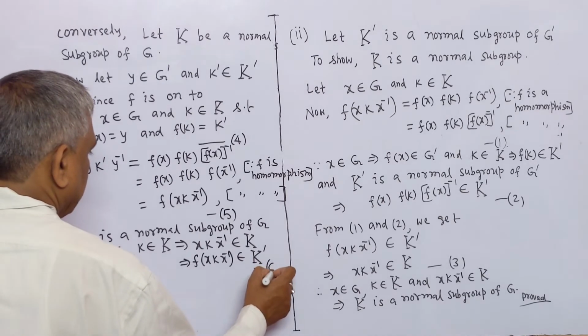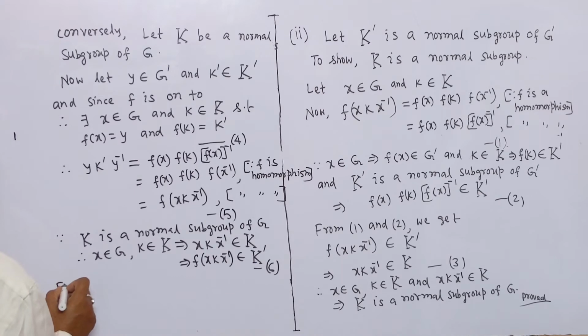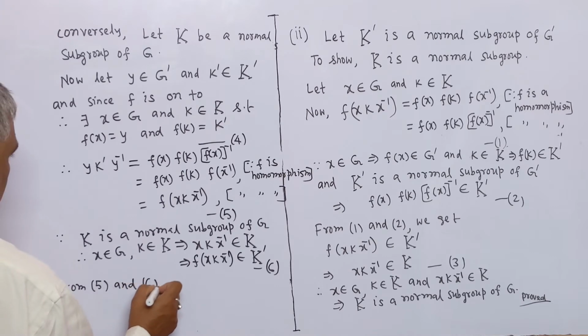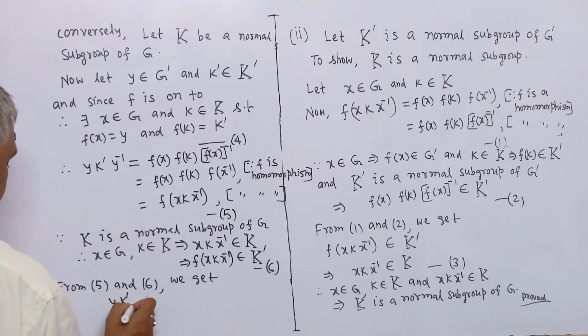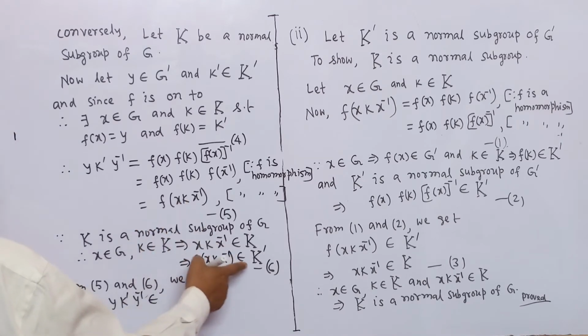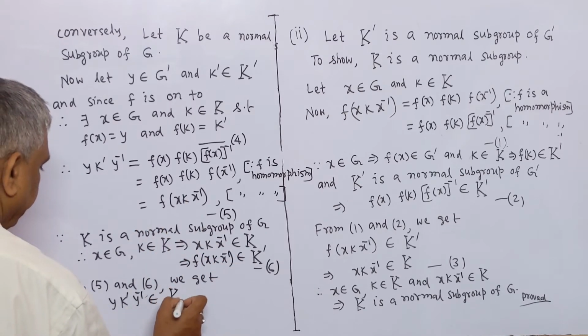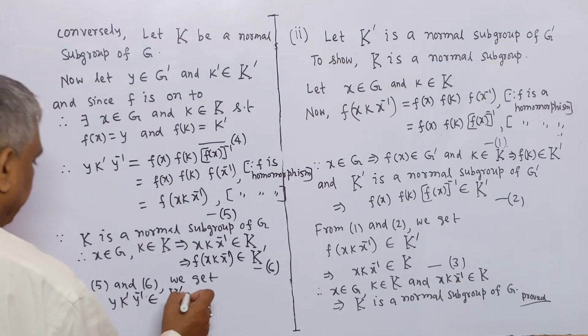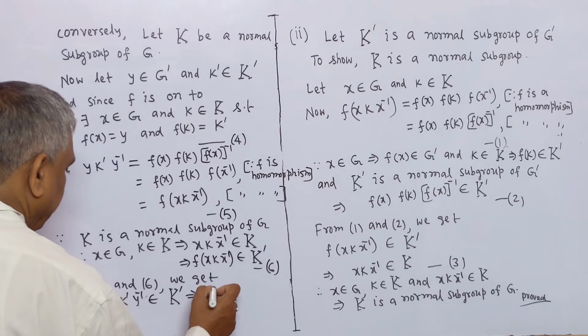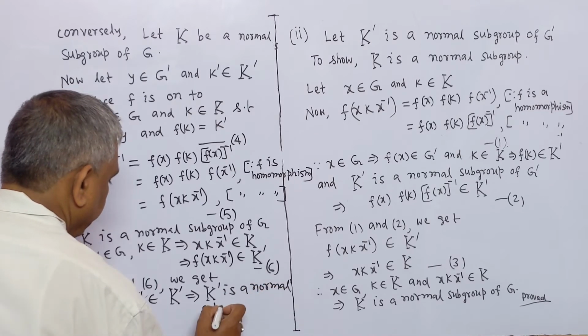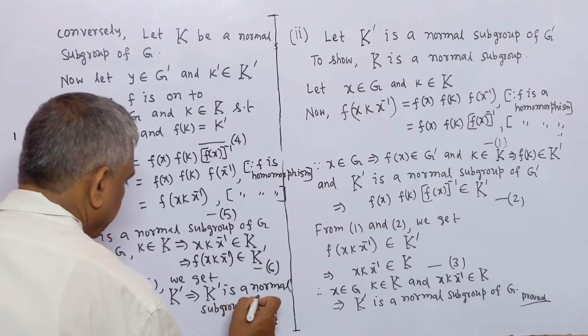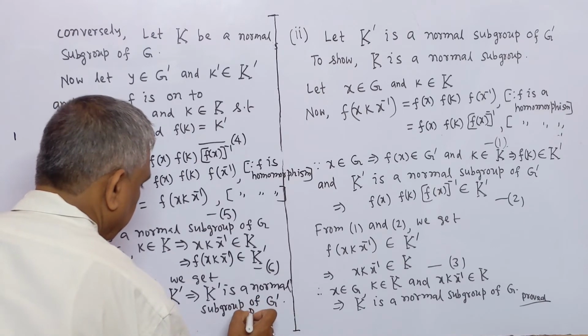This is number 6. From 5 and 6, we get y k' y inverse belongs to capital K', implies that capital K' is a normal subgroup of G'. Proved.